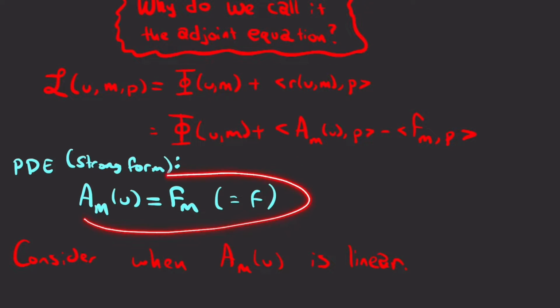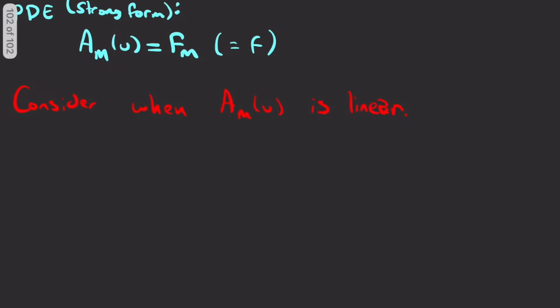In other words, the strong form of the PDE is some A sub m, usually a differential operator, such as divergence of m del u, which is what we had in the previous video, equals some forcing function F. And typically this will be independent of m, unless you're actually inverting for this source term, in which case F sub m is m. But in general, it can depend on m. This is all I'm saying there.